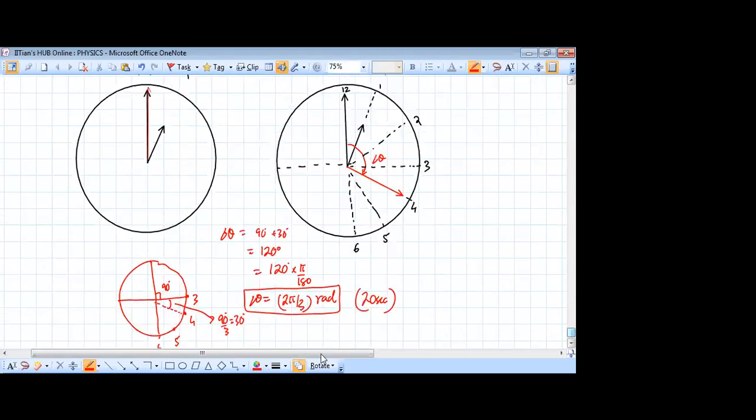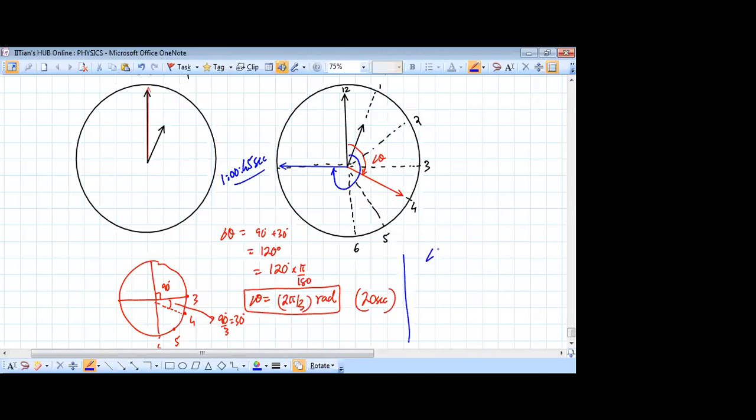Is it clear? Okay. Now again, when the time is 45 seconds, this is where it reaches at 45 seconds. So for 45 seconds, this is the angular displacement.